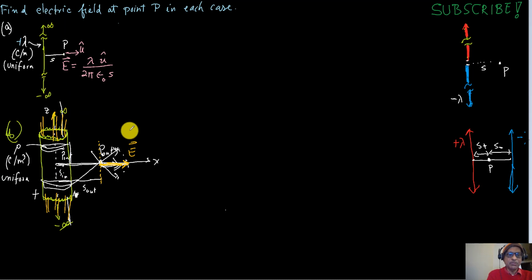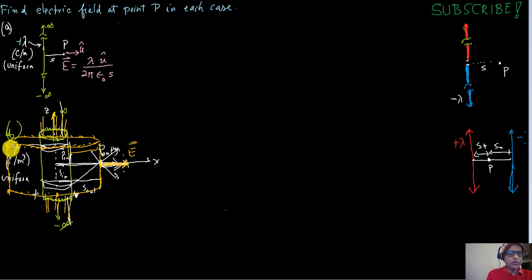Exactly the same argument applies over there, so I can imagine a cylindrical surface as before. This is the cylindrical surface, not a cylinder, only the outside of it.